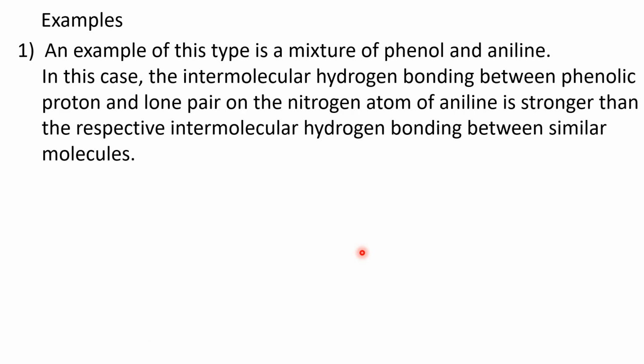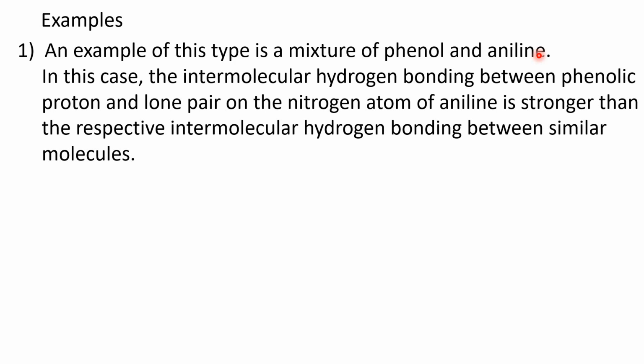Now examples. The first example is the mixture of phenol and aniline. In the mixture of phenol and aniline, what happened? Strong intermolecular hydrogen bonding developed between the phenolic hydrogen and the lone pair of electrons of nitrogen of the aniline molecule.